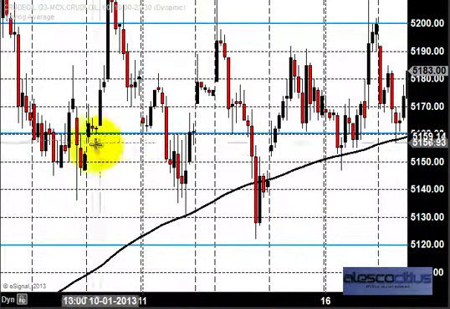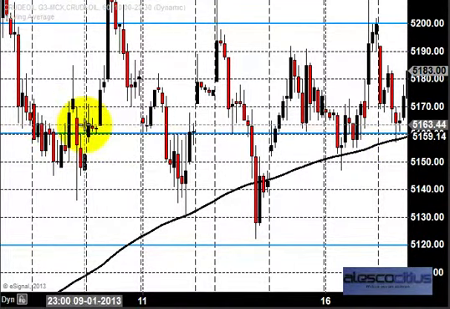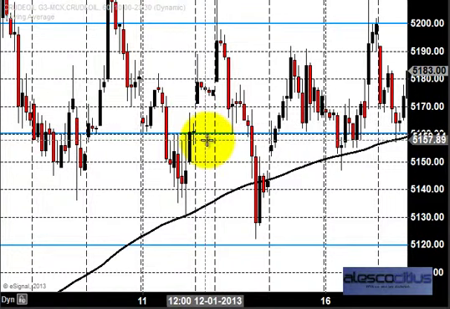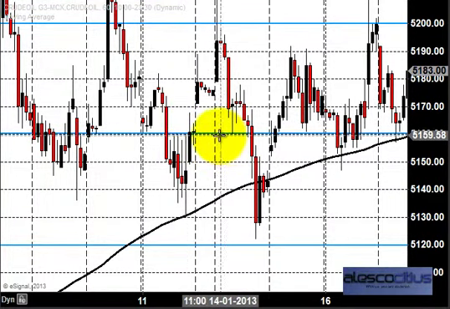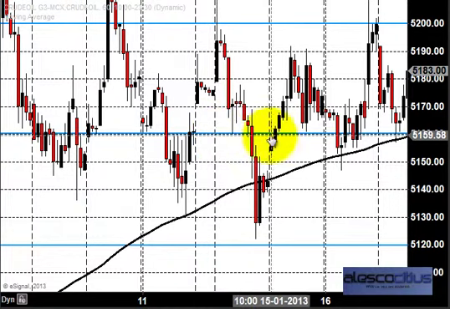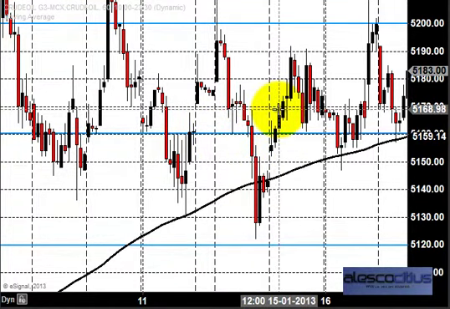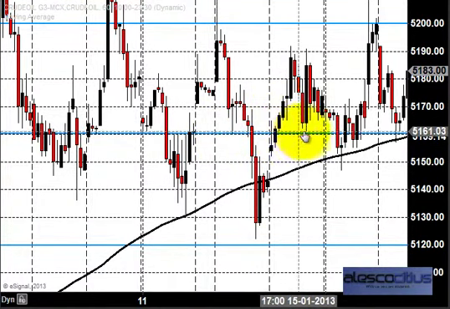You can see that every day the price was testing and moving in and out of 5,160, which gives us a confirmation that this is going to act as an intermediate support or resistance zone. So the price staying above 5,160 made it a support zone.